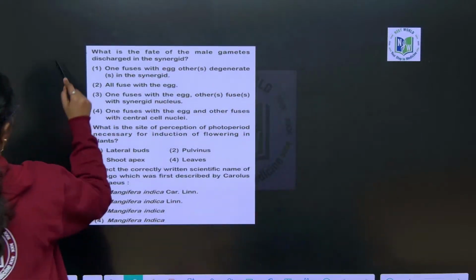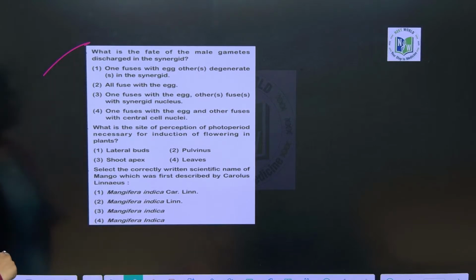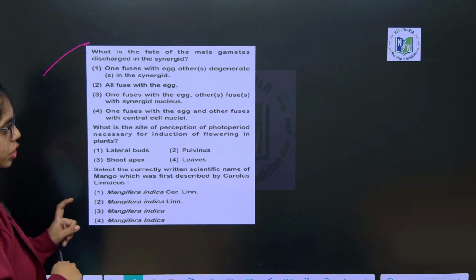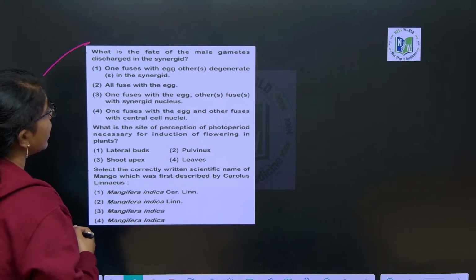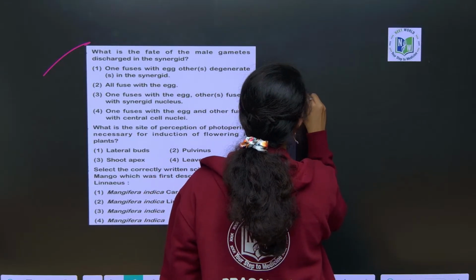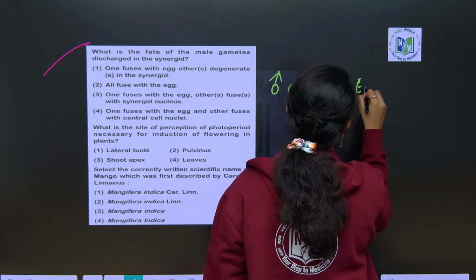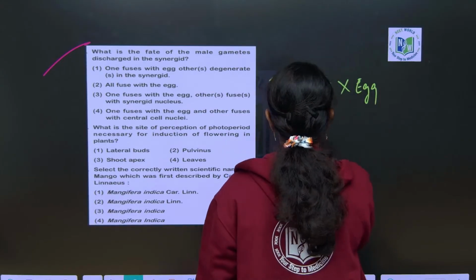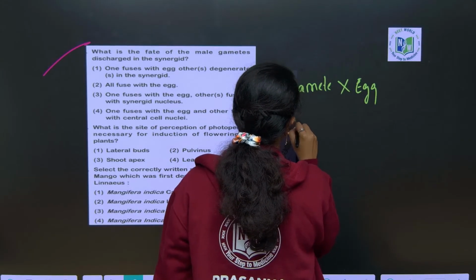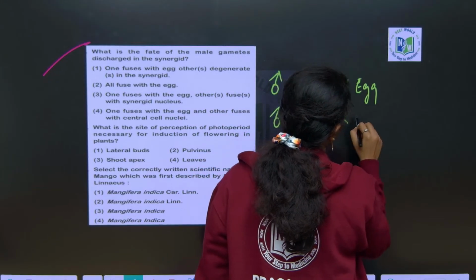And then, if you see, what is the fate of male gametes once discharged to the synergids? Of course, one male gamete will fuse with the egg, and the other male gamete will fuse with the central cell.